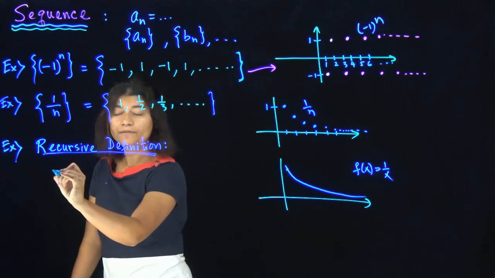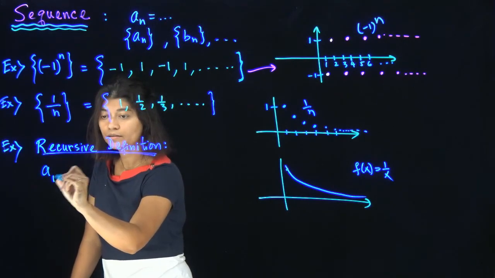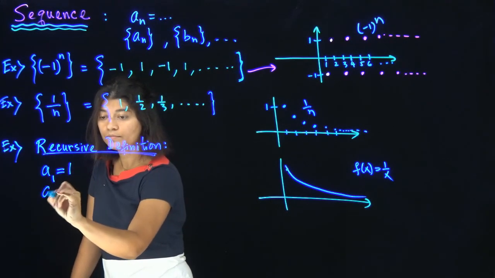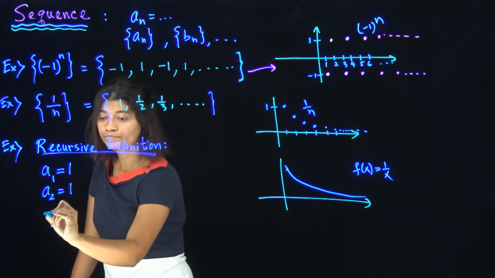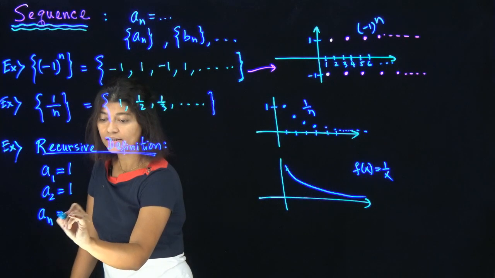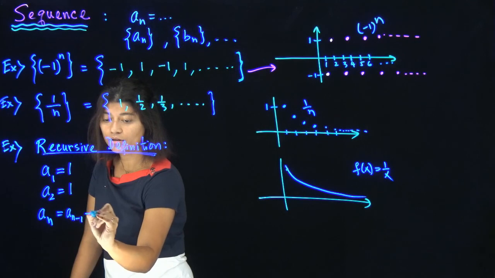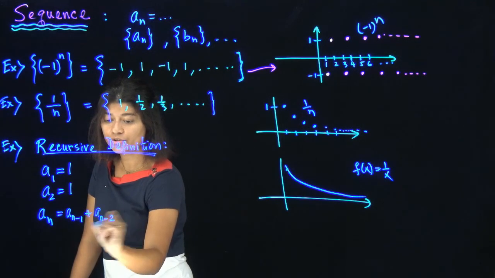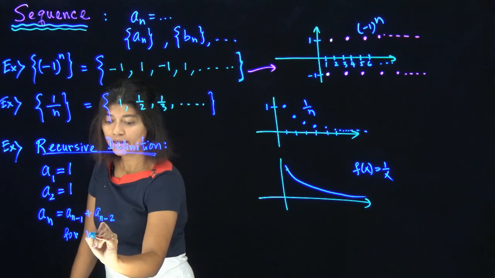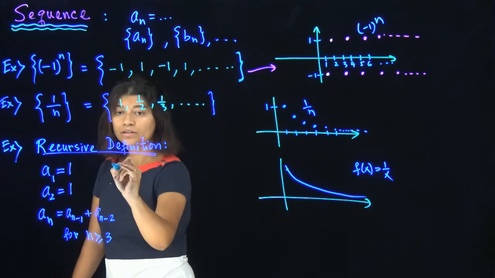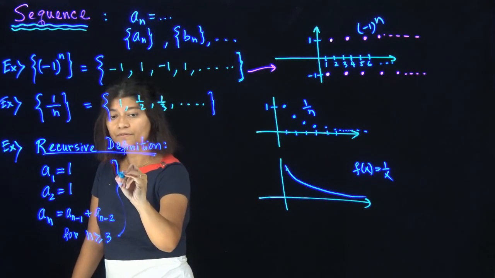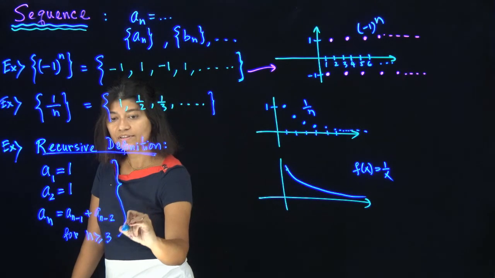This is how I'm defining my sequence. I'm saying a_1 is 1, a_2 is 1, and a_n is a_(n-1) plus a_(n-2) for n greater than or equal to 3. So this whole thing is the definition of the sequence.